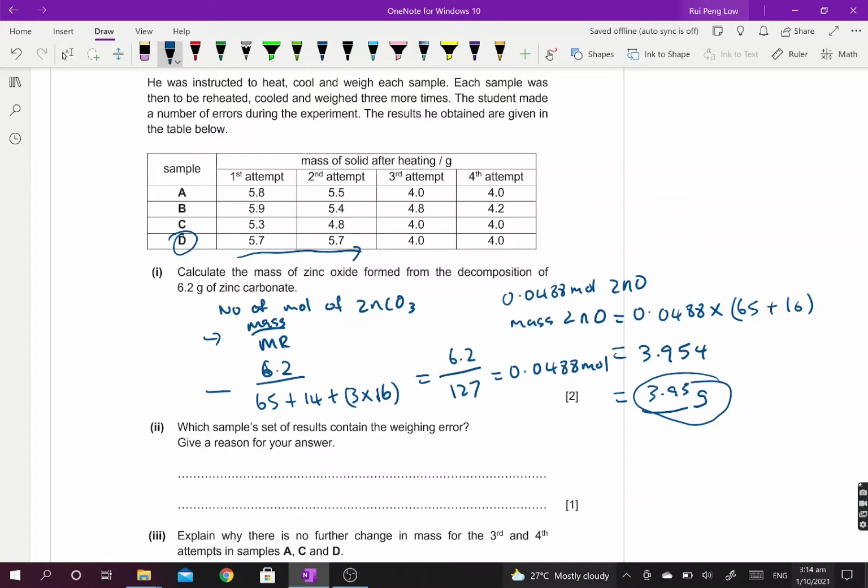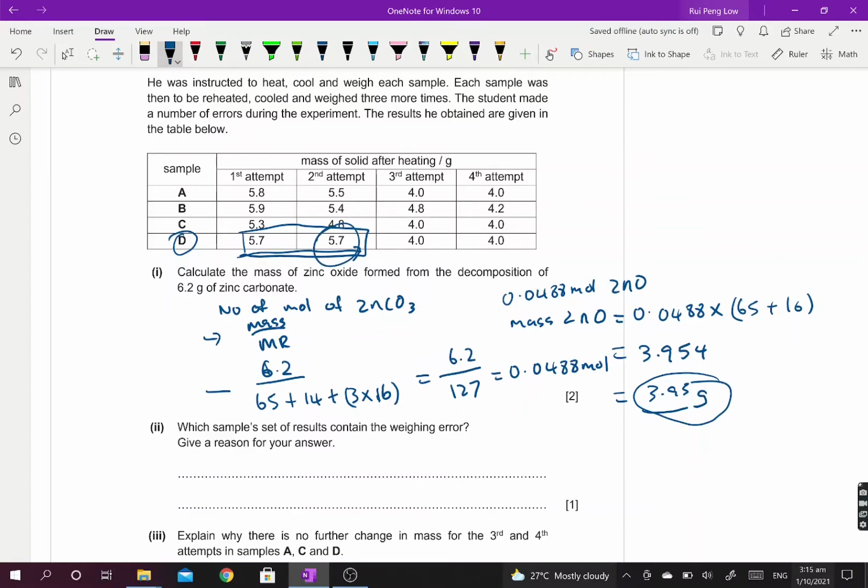But how can we say that there is no... if you have 5.7 grams of mass before and after, this means that number one, either you have not heated it, or number two, there is some error in your second attempt. That means the mass of the second attempt.